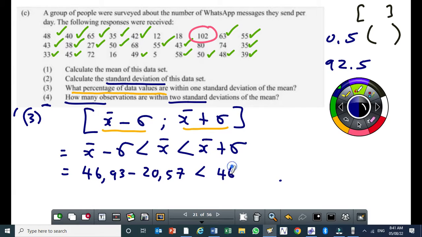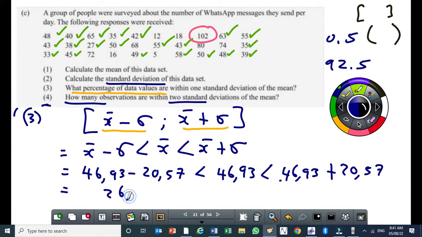Our x bar is 46,93. This is less than 46,93 plus 20,57. Can you please just use the calculator quickly and tell me what it is? This will be 26,36.